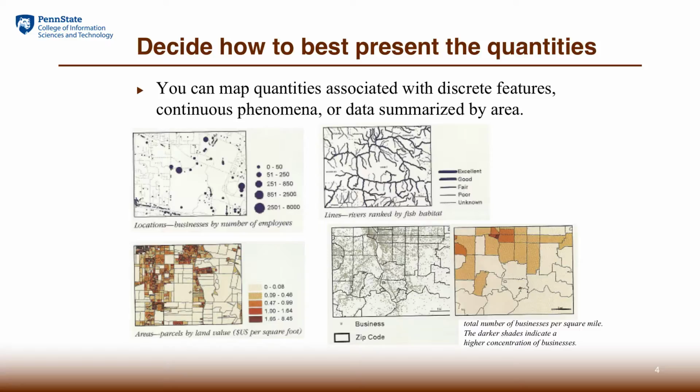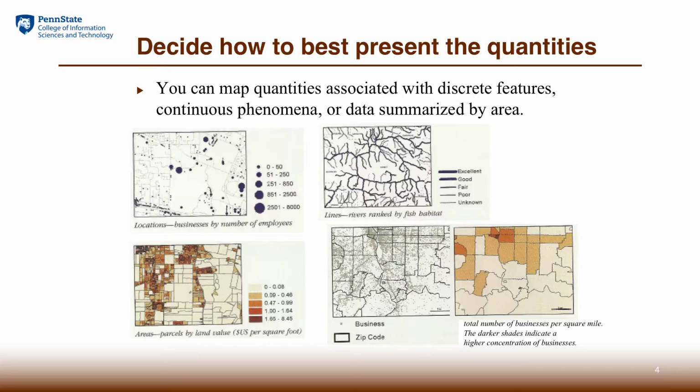For example, we can choose to map quantitative attributes of discrete features like points, lines and polygons. Or we can map the aggregate data on areas. For example, we can count the number of people in a census tract and map that out as a numerical quantity into visual variables. On the slide, we see there are 5 maps presented.